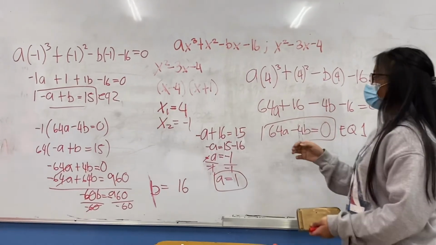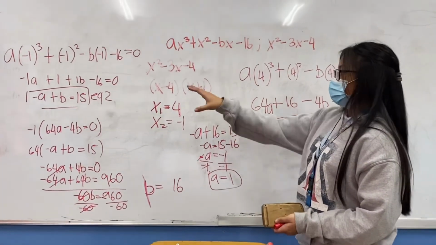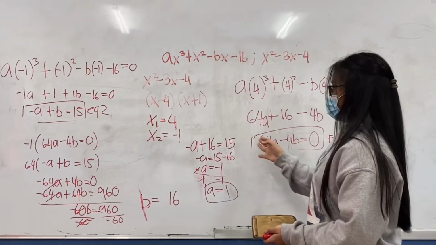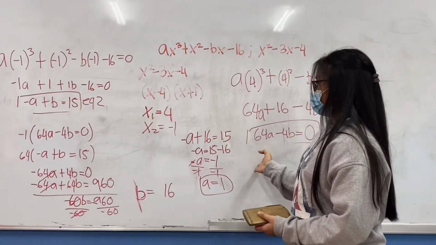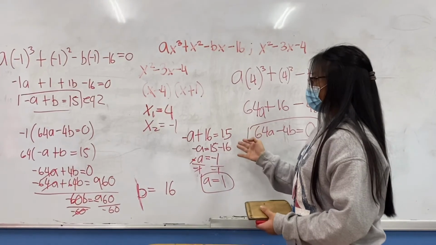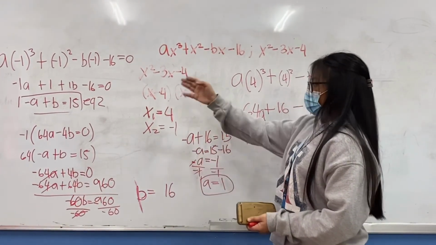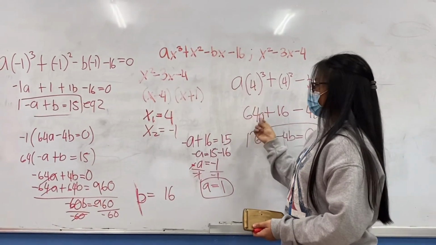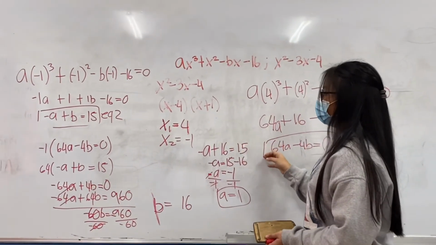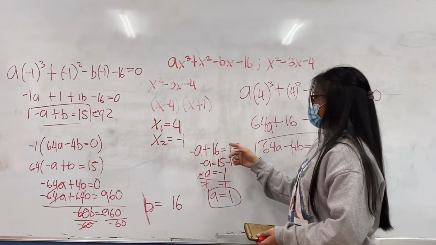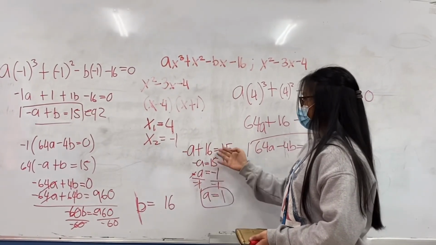Next, to find a, you can use equation 2 or equation 1. You can choose either of those equations and then just substitute the given b. So we use equation 2, which is negative a plus b equals 15. So negative a plus 16, which is the given b, equals 15.